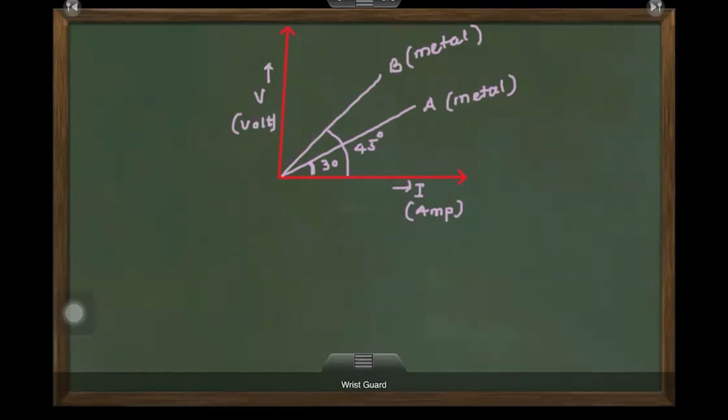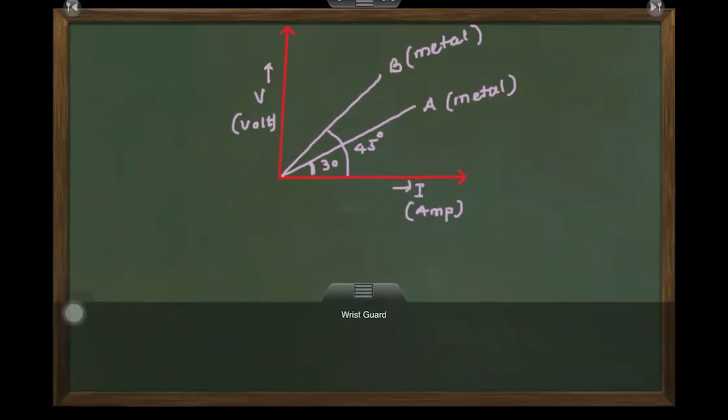B. So this is a very important question asked many a times. You have been given this graph and you will be asked to write the order of resistance A and resistance B. So you can write RB is greater than RA. Clear? Yes, sir.